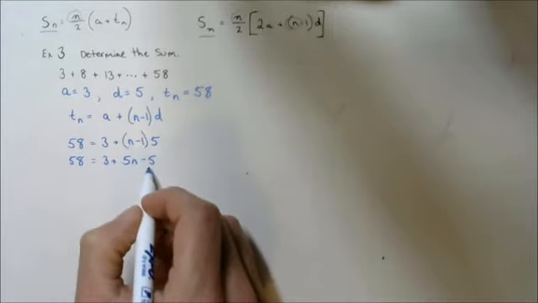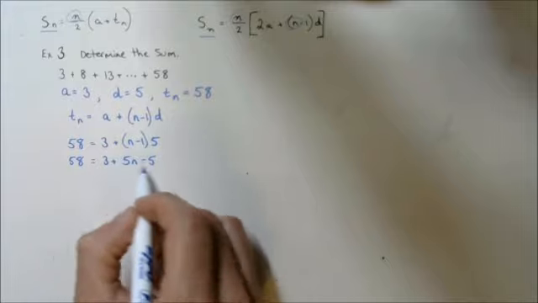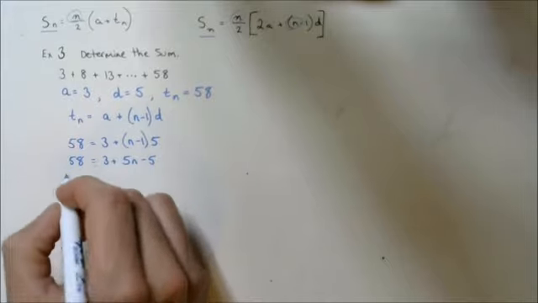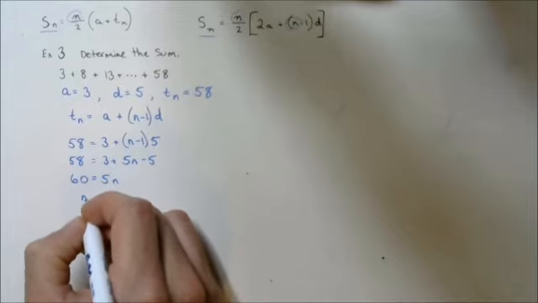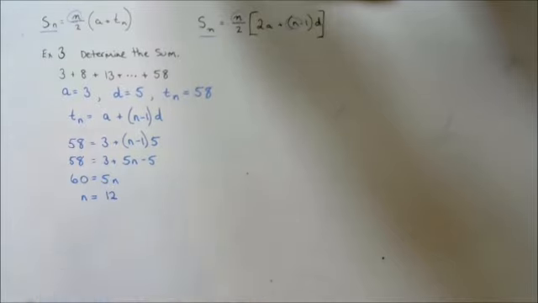So here we've got negative 2. I'm going to add 2 to both sides. That gives us 60 equals 5n. Divide both sides by 5. n equals 12.